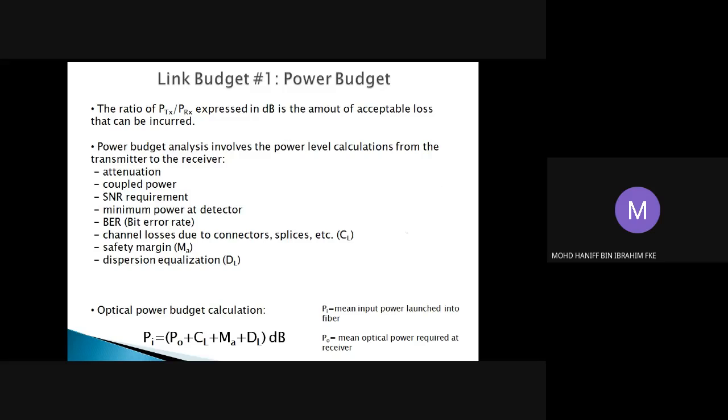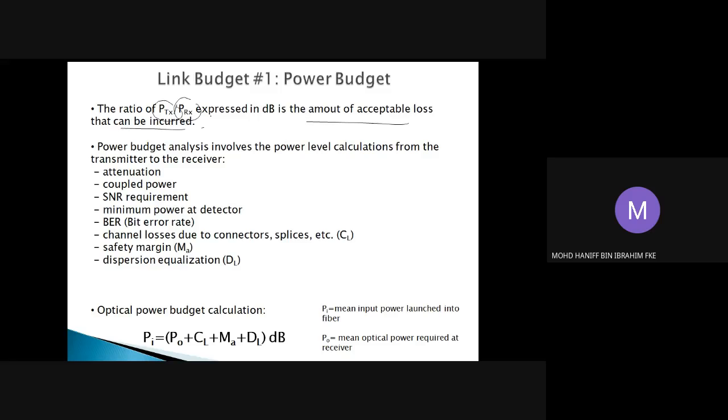The important things in power budget will be two things: the power transmit and the power receive. This will be the amount of acceptable loss.